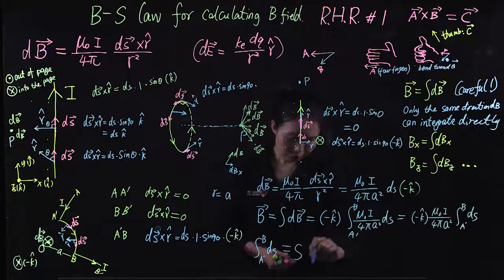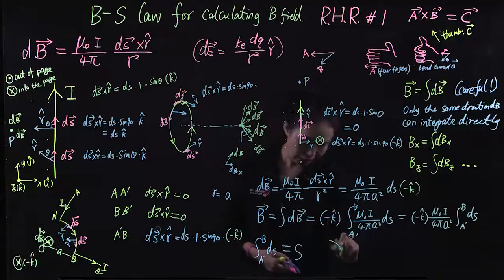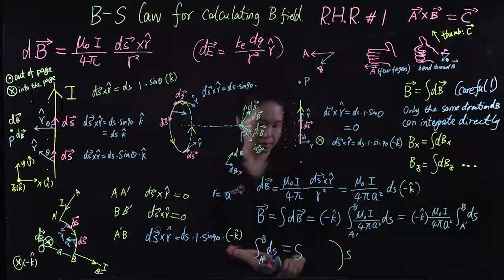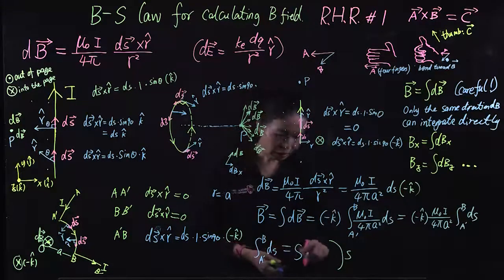If you have part of a circle like that, and that's total length equal to s, how do we calculate that?